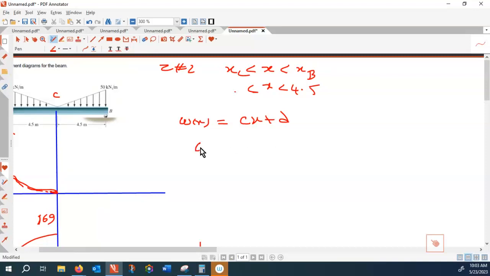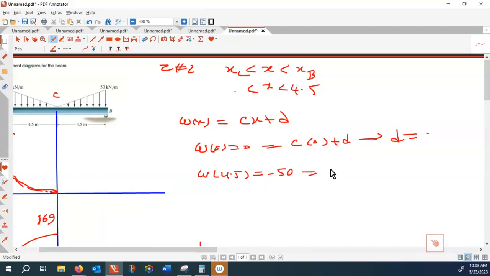Well done. So w of 0 is equal to 0, that is c times 0 plus d. Therefore, d becomes 0. And how do I find c? That is w at 4.5. What is w of 4.5? Minus 50. Well done, Nguyen.